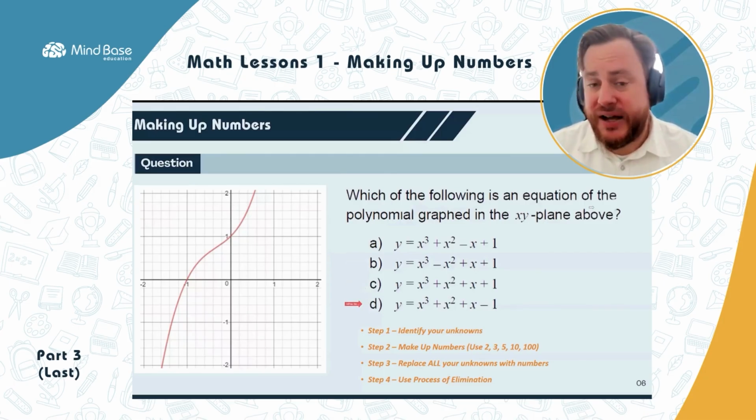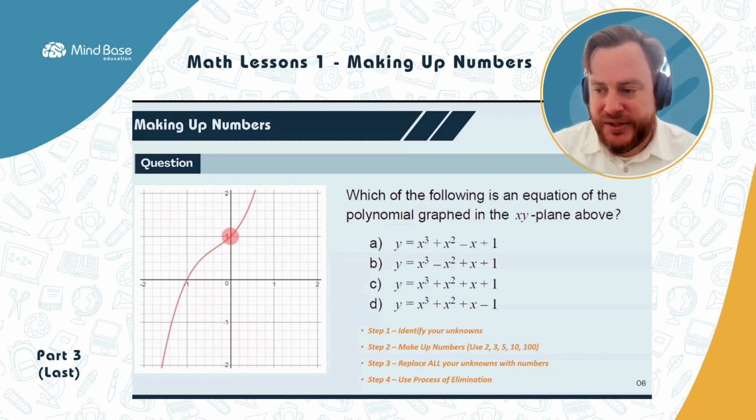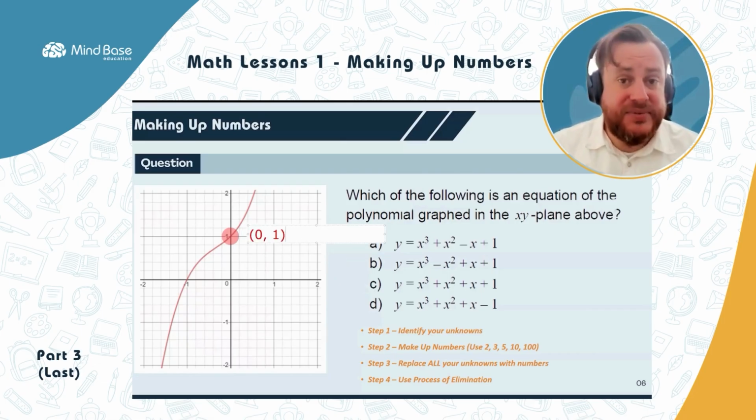So we need to figure out which equation represents the graph, right? So what I'm going to do is pick a number from the graph. Look, here we have a very easy point, the y-intercept. What is the y-intercept? The y-intercept is 0, 1.